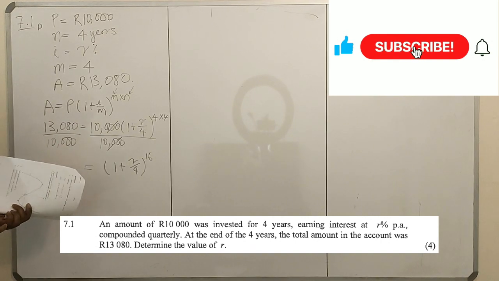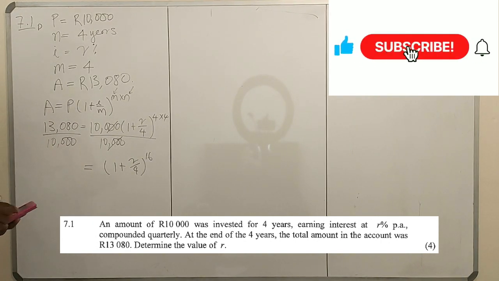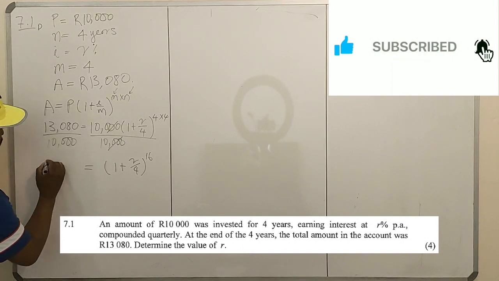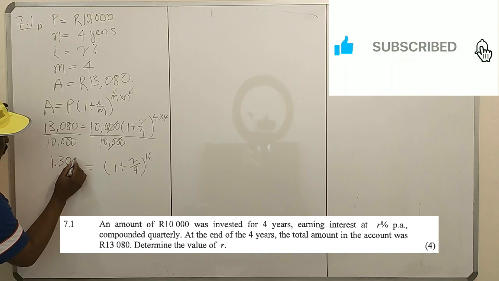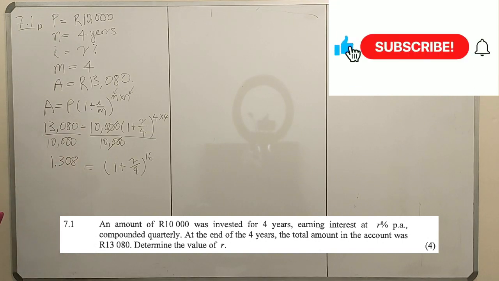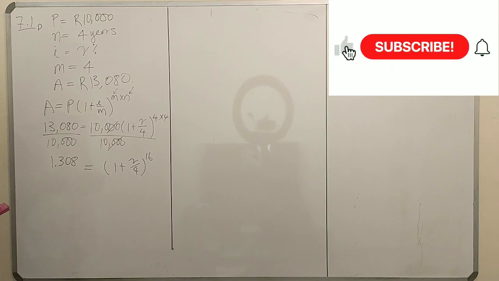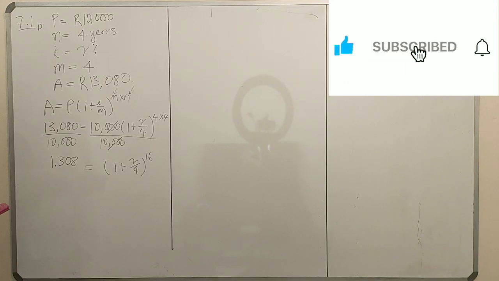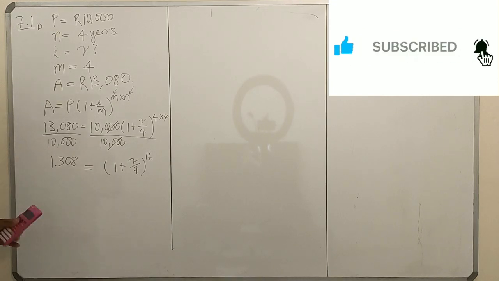Then on this side, you're left with 13,080 divided by 10,000, which is 1.308. I can double check just to make sure. 13,080 divided by 10,000. Yes, we're still good so far.